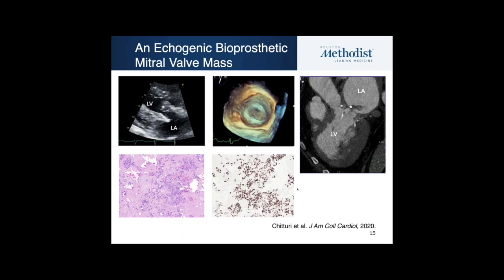And for whatever reason, obviously in the Carney complex, the issue is that you get a double hit of the 1-alpha regulatory subunit of the protein kinase A, and that results in unchecked cell growth and the proliferation of these myxoma cells. And we've also seen some evidence to show that you can get sporadic biallelic loss outside of Carney complex.